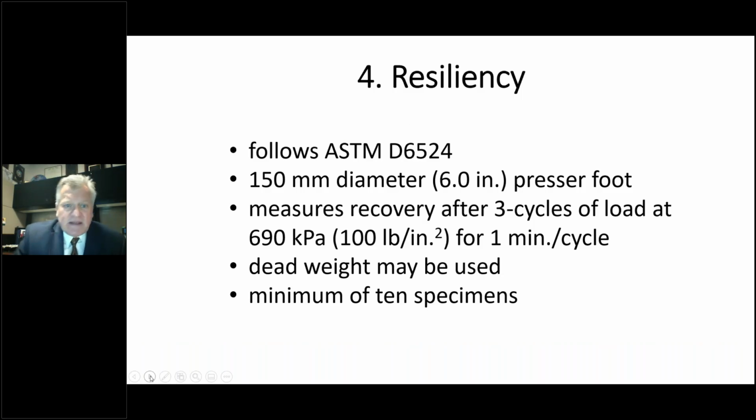As far as resiliency is concerned, this is an index test as well, but giving a little bit of guide on how the material will respond out in the field. You typically have a presser foot, which you're cycling a load on, 3 cycles of a load over a given time increment.